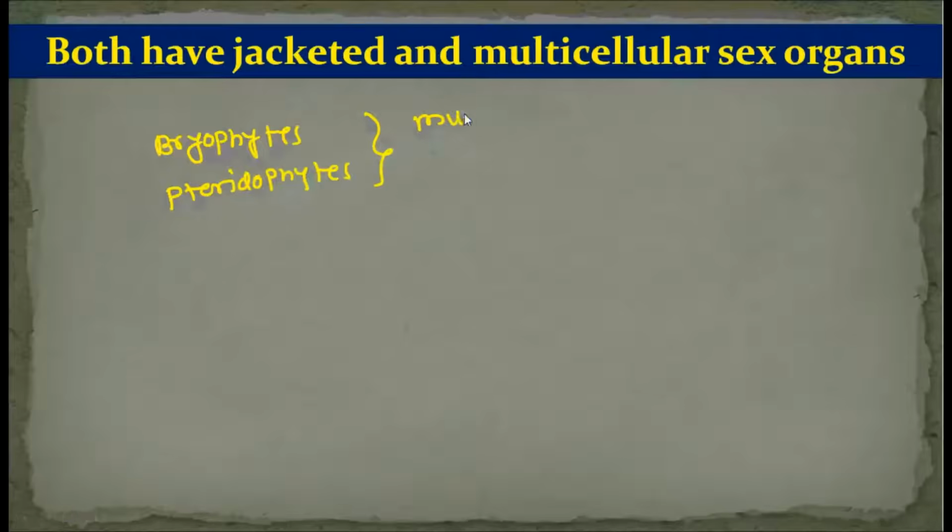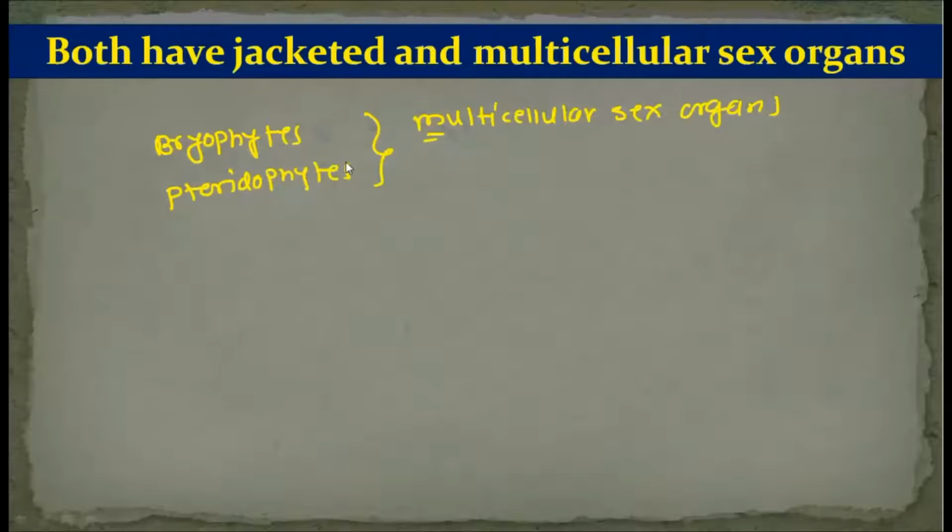Third, both have jacketed and multicellular sex organs. The sex organs in the bryophytes and in the pteridophytes are both multicellular. Now, what is meant by multicellular? You know the difference between unicellular and multicellular. If something is unicellular, it is made up of one cell, and if something is multicellular, then it is made up of more than one cell. All right.